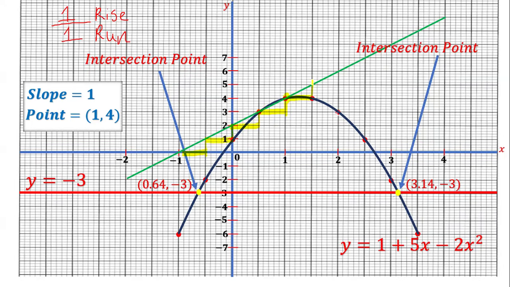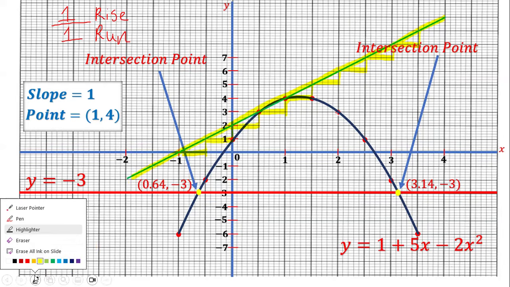We go up 1, we go to the right 1, and we keep going up 1 and right 1. And then we just draw a line that intersects all of these. And that's going to be the green line that we have drawn. And that's our tangent line. And so that's how we figure out our tangent line using just a point and a slope.